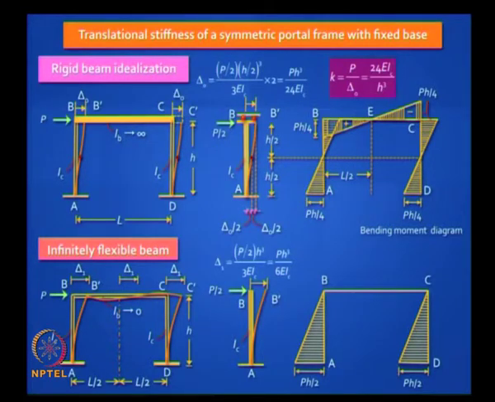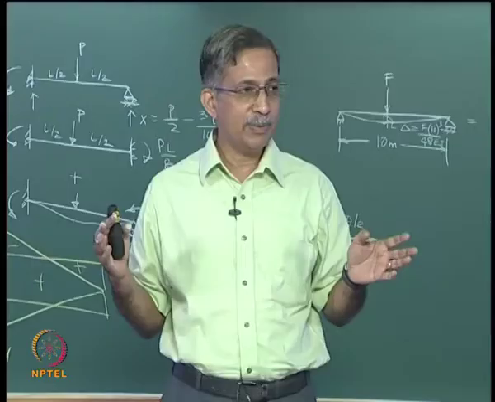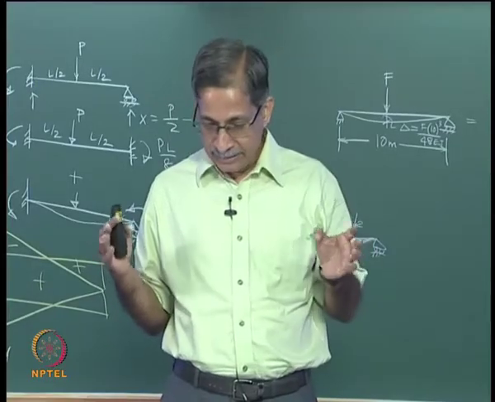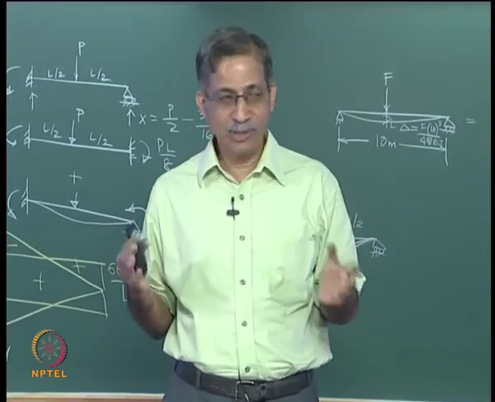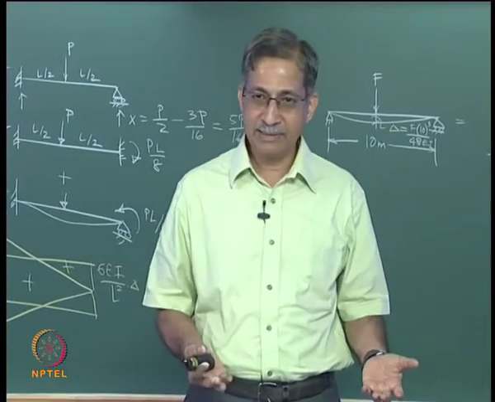So it is very interesting. I have looked at all the extreme cases. The summary of this, so here it turns out to be 6 EIC by H cubed. So take a portal frame, a symmetric portal frame, take the base as hinged, your horizontal stiffness is going to vary between 0 and 6 EIC by H cubed. That is what we saw in the previous slide.